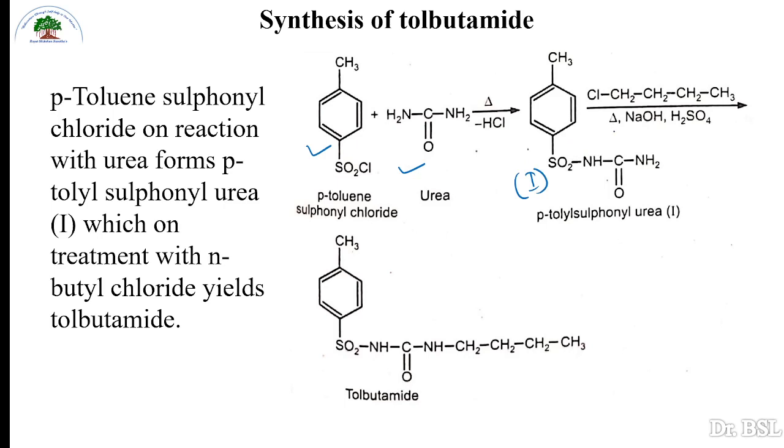This paratoluene sulfonyl urea, on treatment with N-butyl chloride, the condensation reaction takes place and we get tolbutamide.